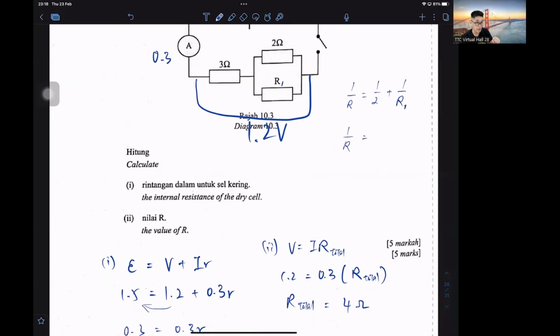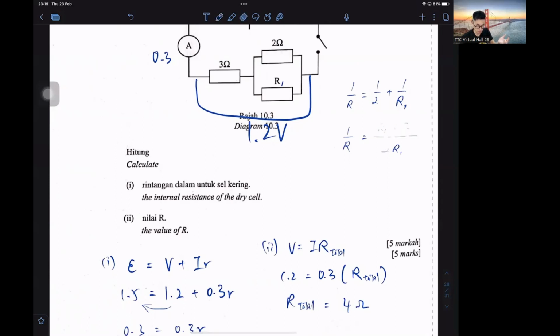So let's say I multiply this one with R1, and this one I multiply with 2. I just want to make the denominator the same. 2R1 over R1 plus 2.